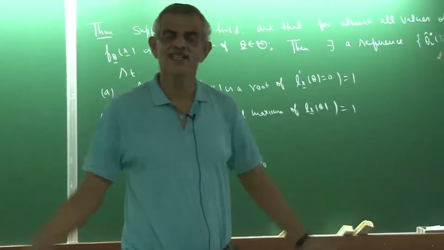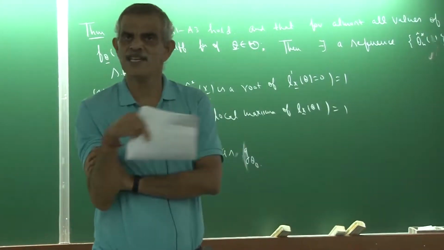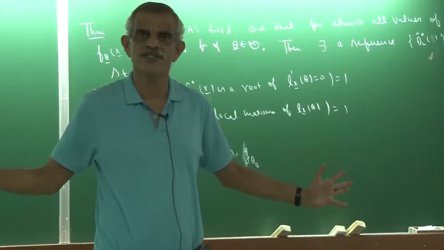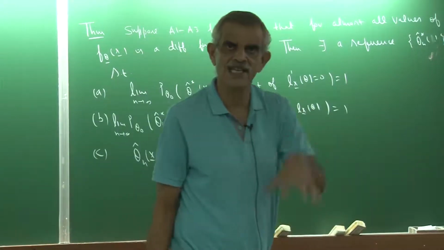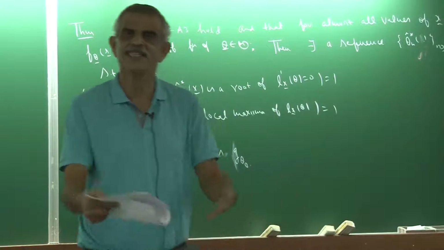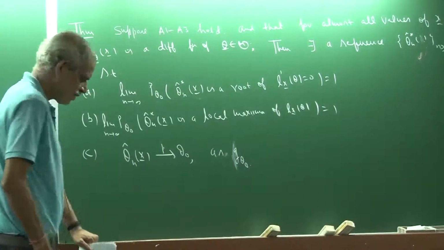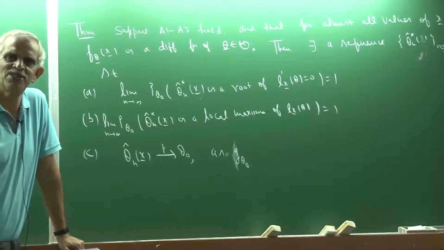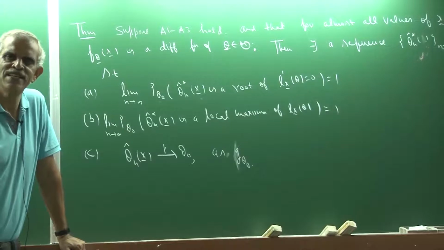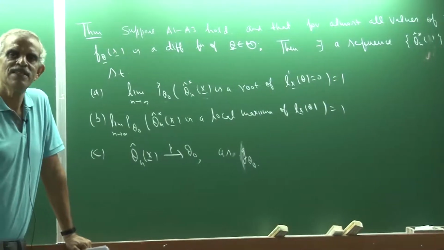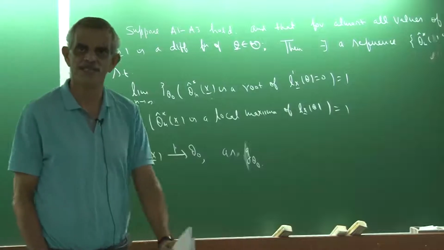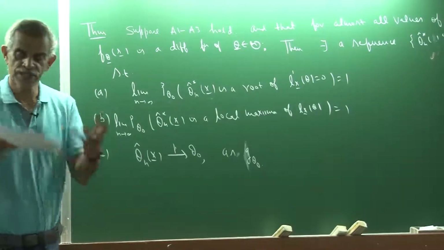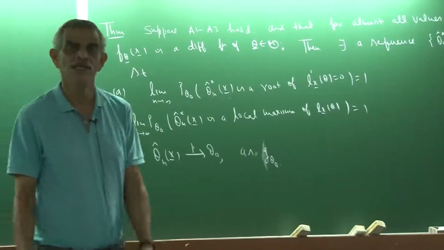So if you see a likelihood that is differentiable, theta is open, support does not depend on theta, putting the critical point equal to 0 will give you the maximum likelihood estimator, provided the likelihood equation has a unique root. And that is the reason why you must have seen in your bachelor's course, whenever you found the maximum likelihood estimator, you only put the critical point equal to 0, and if the solution is unique, you directly concluded that your solution is the maximum likelihood estimator. It is only in the case where you have multiple roots of a likelihood equation that there could be issues. Then you have to identify which one gives you the global maximum.